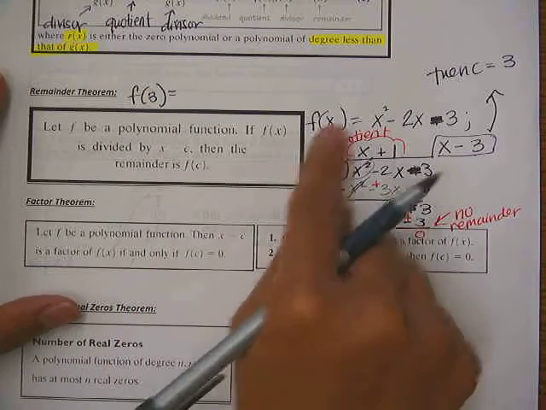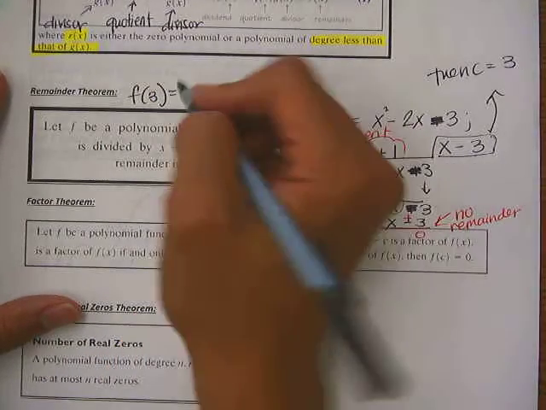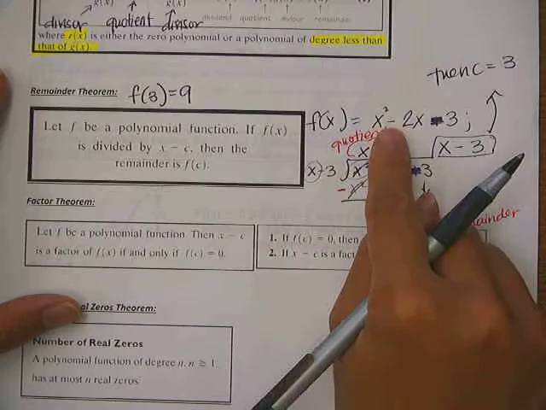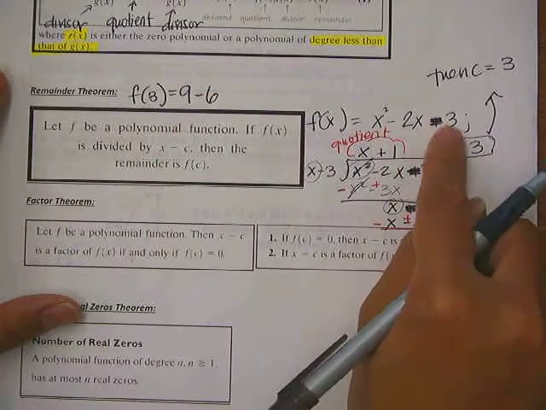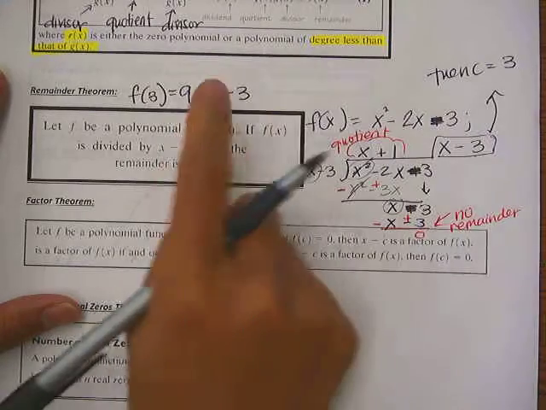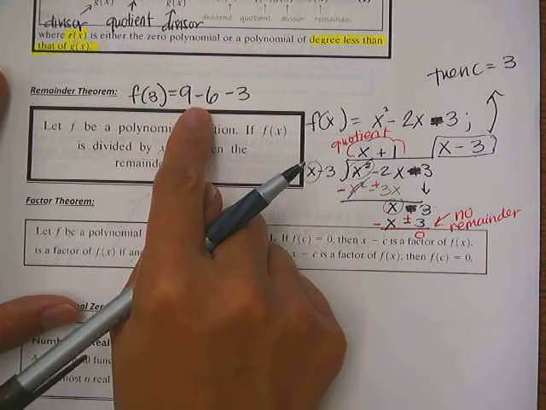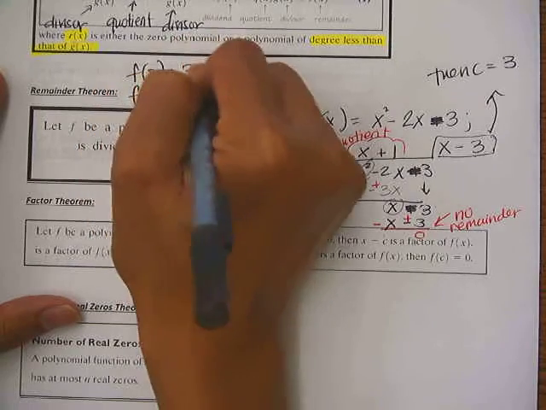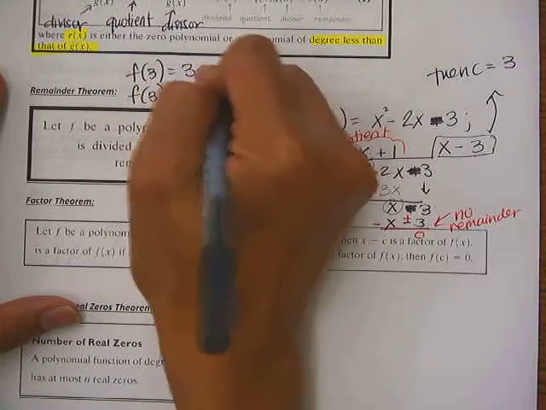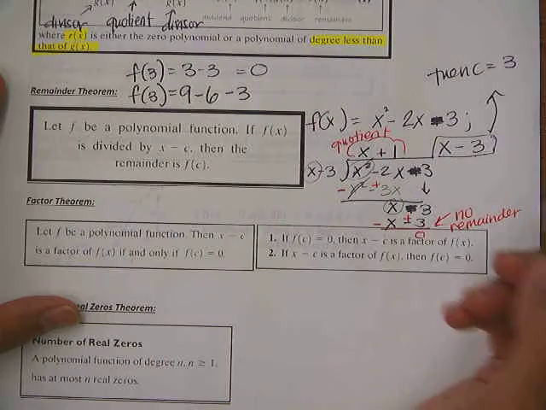Well, let's see if that works or not. 3 squared is 9 minus 2 times 3, which is 6. Bring over my negative 3. 9 minus 6 is going to give me 3. So f of 3 equals 3. 3 minus 3 is 0. Oh my goodness.